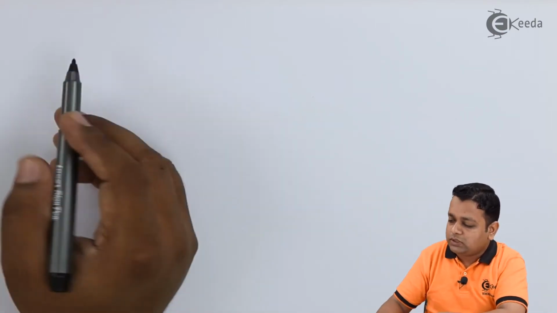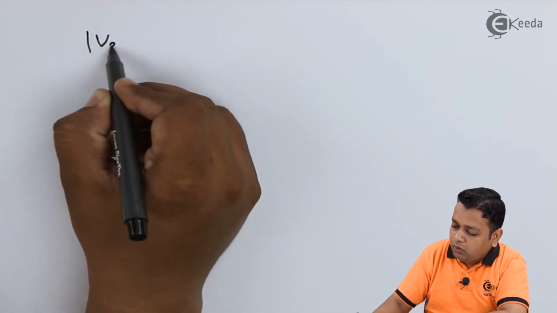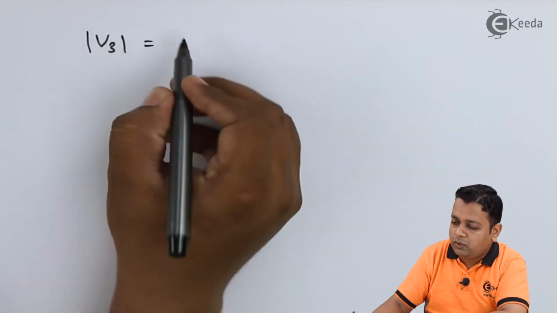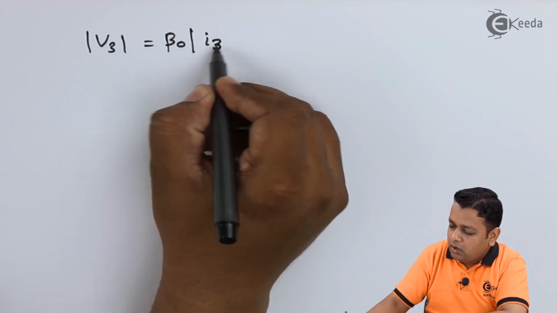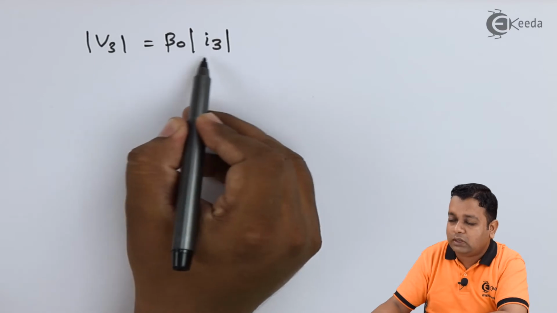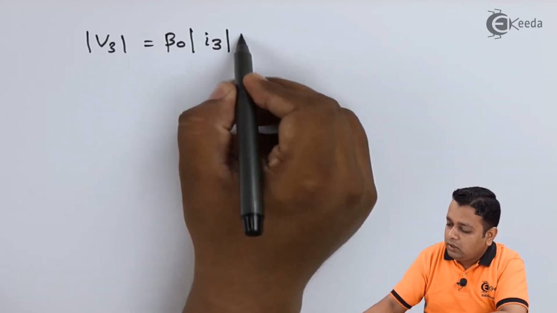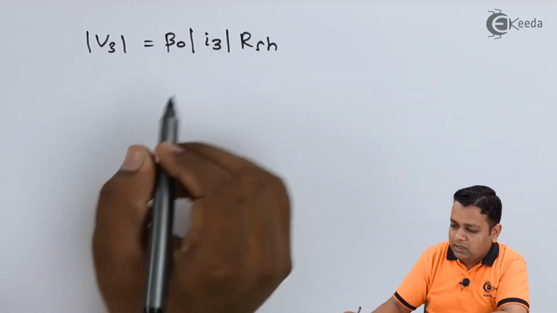So this equation will be mod of V3, given by beta 0 into mod I3 into RSH.